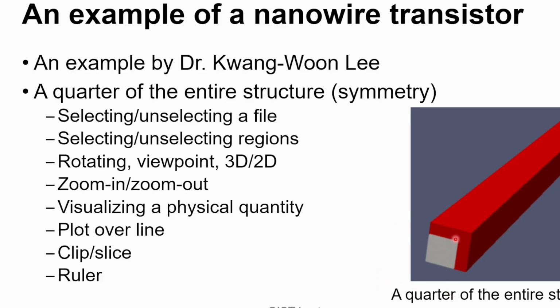Here we have a square silicon, and it is surrounded by this red colored silicon dioxide. So we have silicon dioxide, and somewhere here we have gate and source and drain. Now I will just show you how we can visualize this structure and see some physical quantities out of it.